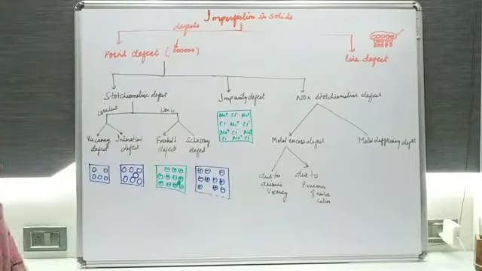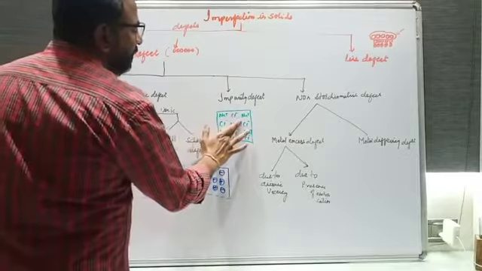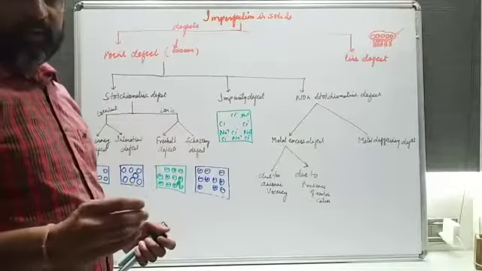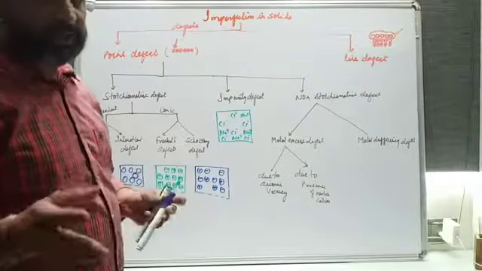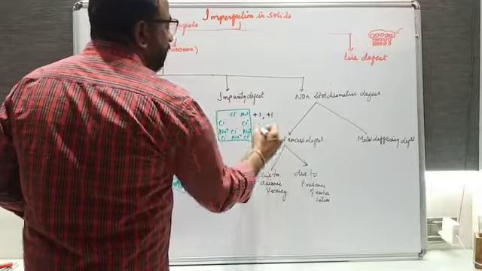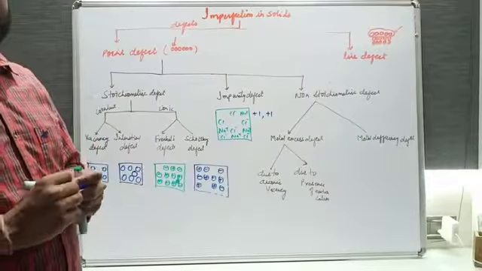This is an NaCl compound. Suppose two Na ions are removed from it. How much positive charge has been removed? That will be +1, +1, so +2 charge will be removed.